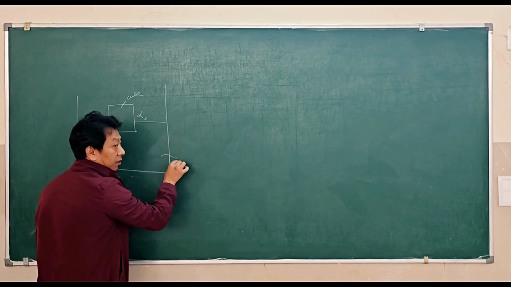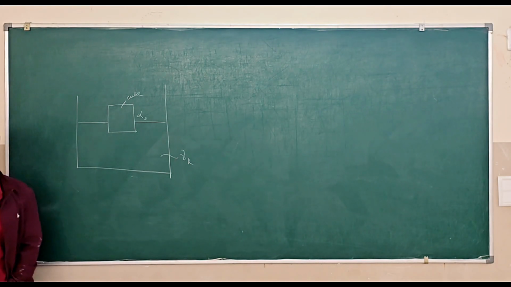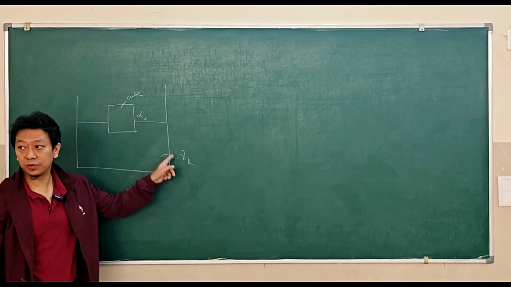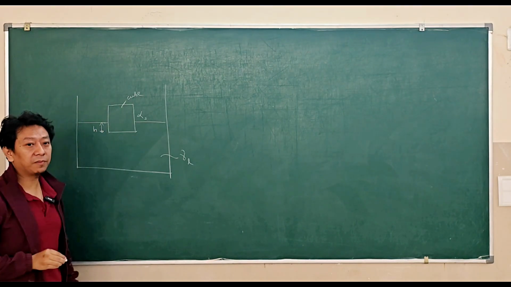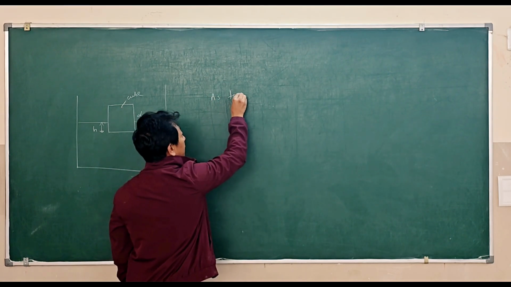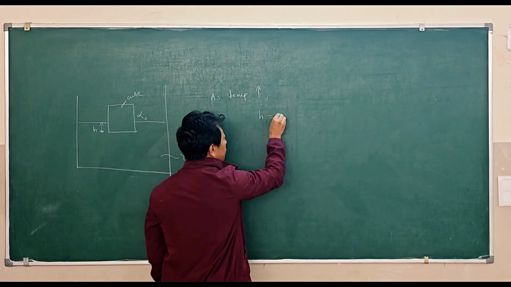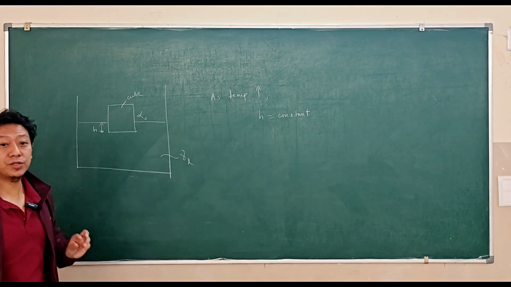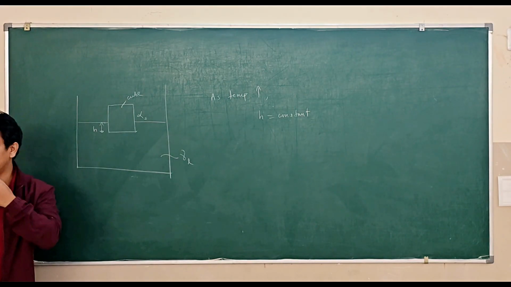And the liquid's coefficient of volume expansion is gamma L. They are asking what should be the relation between these two so that this one remains the same even when temperature increases. So as temperature changes, this h should remain constant. Which h? This h. Who is this h? The height of the block which is immersed.